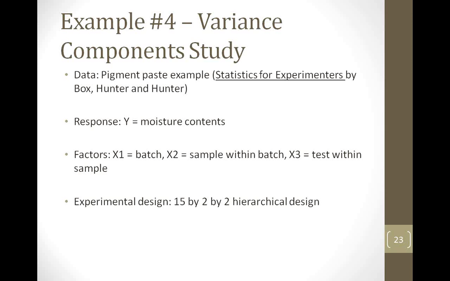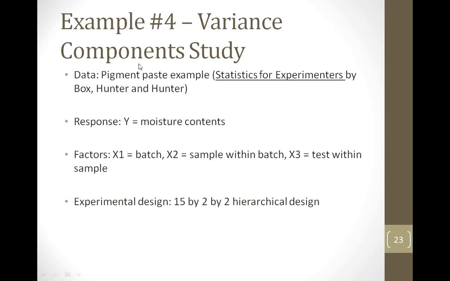There are other cases where one really doesn't want to make changes. Changes just happen even though you're trying to produce the same product over and over again. And in those cases, it can be very interesting and useful to do what's called a variance component study.